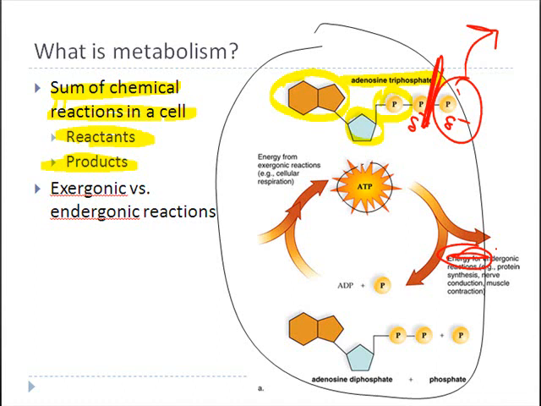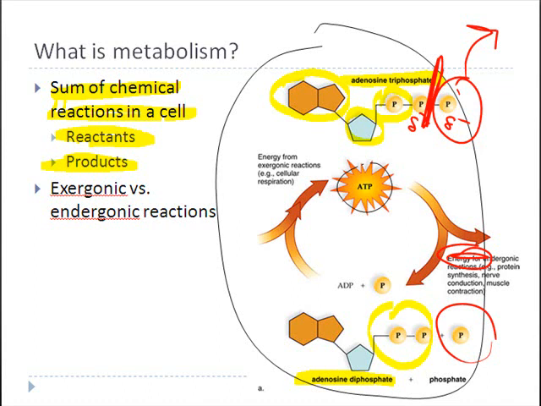That would be an example where we have a reactant, adenosine triphosphate, and our products of the reaction are 1 loose phosphate molecule by itself and adenosine diphosphate, called diphosphate because only 2 phosphate groups are present.